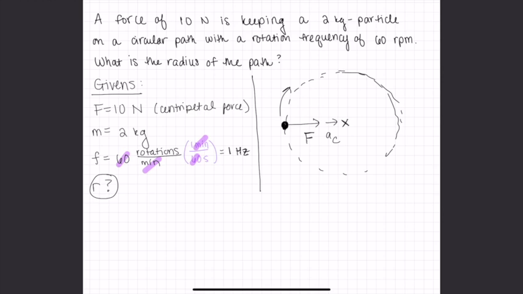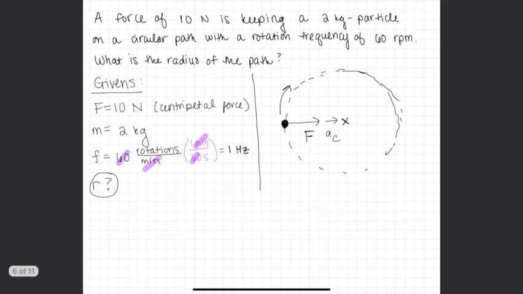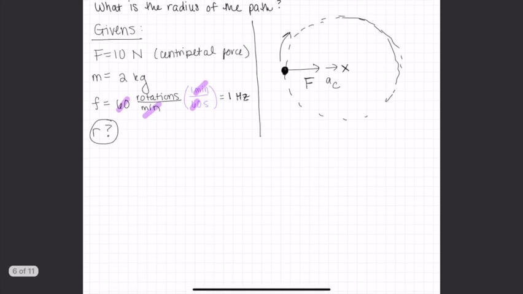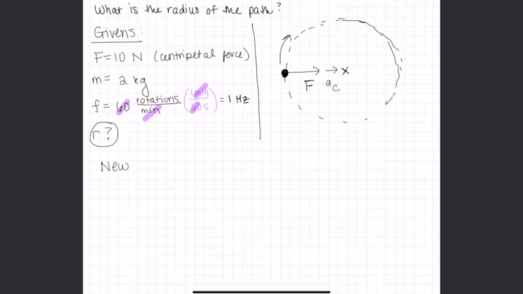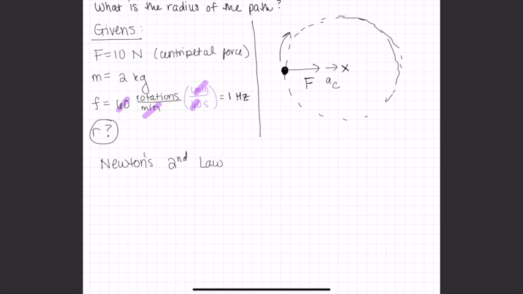And then before we do anything else, I'm going to set up what I know that I can use, which is going to be the fact that I have this force. I know that I have this acceleration and this force that's keeping this particle on this circular path. So I'm going to set up Newton's second law for the centripetal forces and acceleration. So that's the main physics that we're going to be using here.